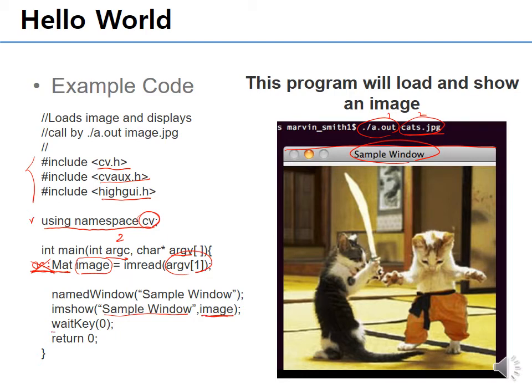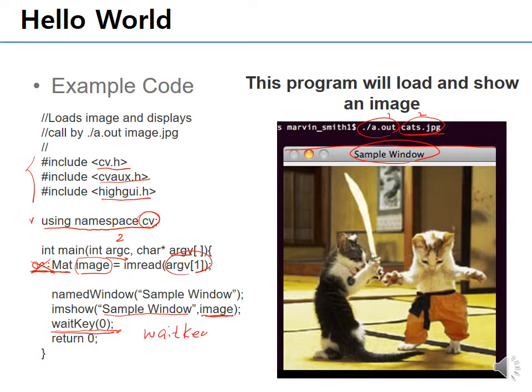cats.jpg on this window. waitKey(0) means it waits for some input such as a button press or mouse press. So it waits infinitely for the input.